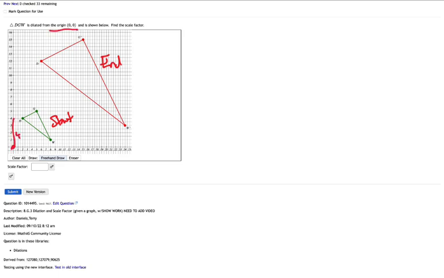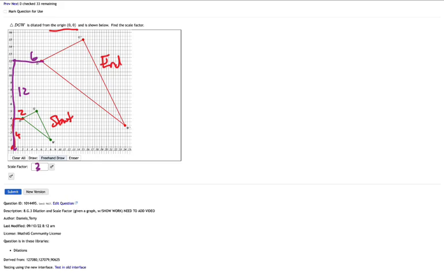We are rising 4 and running 2. To get to the image from the origin, it looks like we're rising 12 and running 6. So the red triangle looks like it is 3 times as far as the original green triangle, so that would make the scale factor 3.